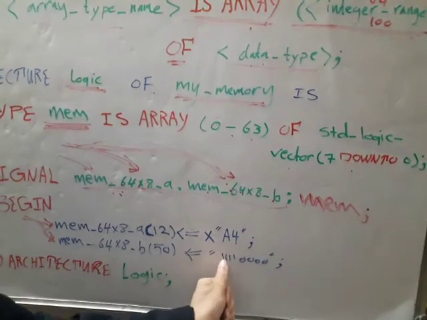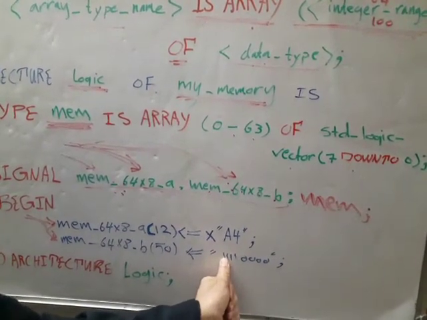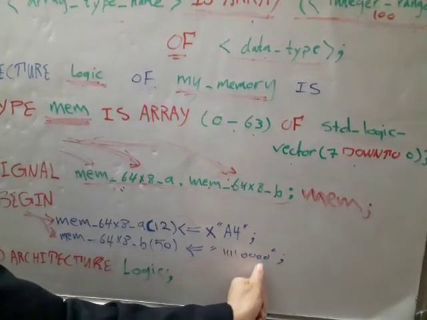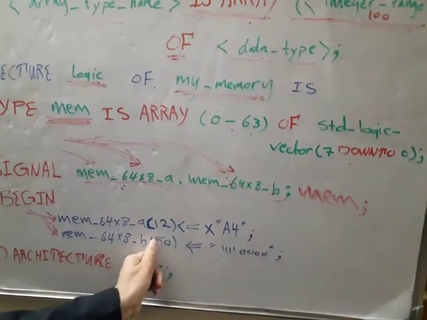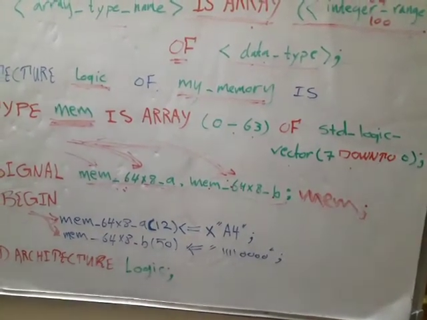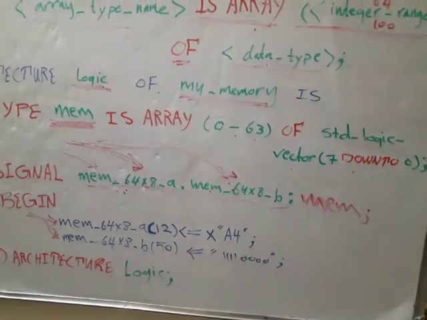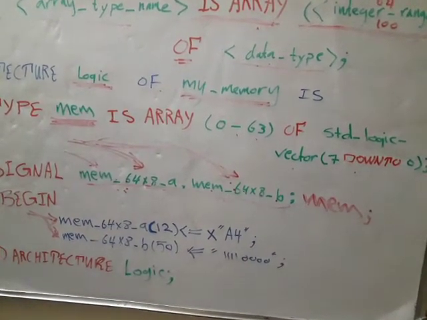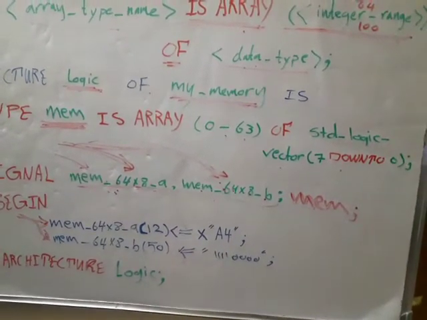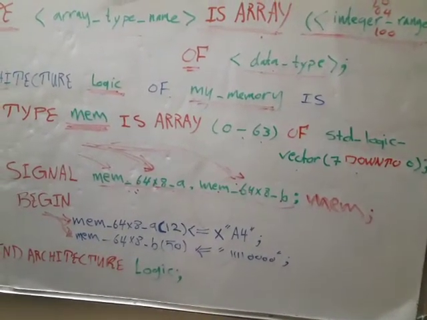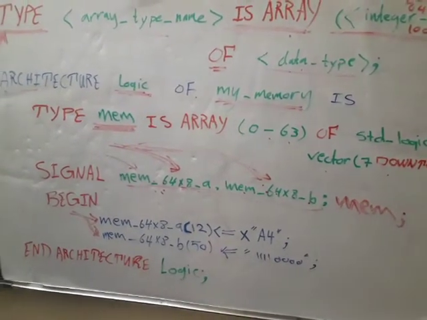And here the value 11110000 will be given to location 50 of the second signal, mem64_8B. By this procedure, we can define any new data type suitable for our task demands.